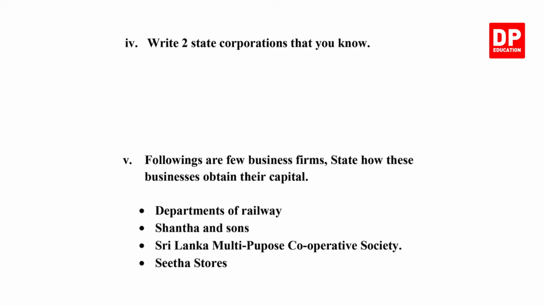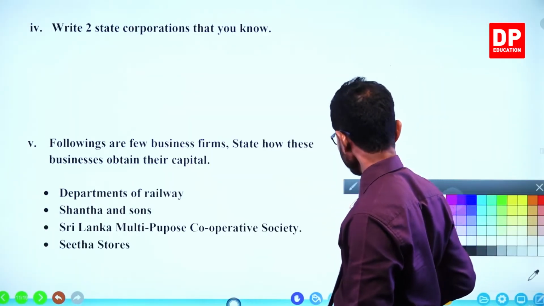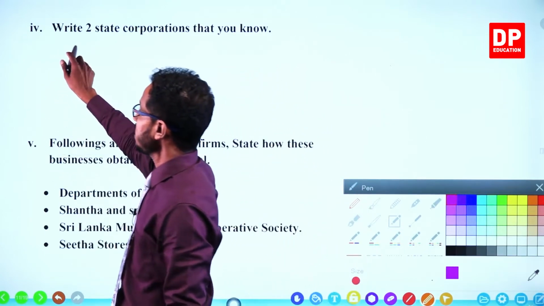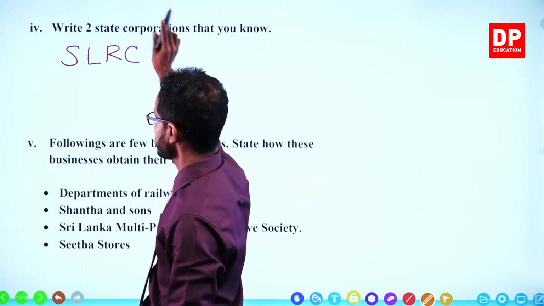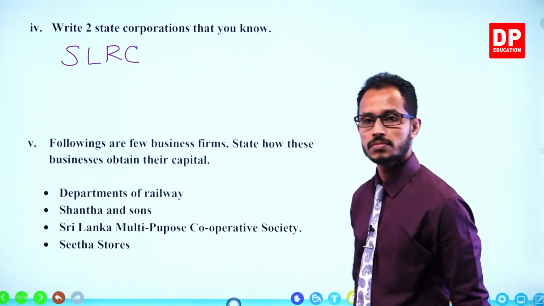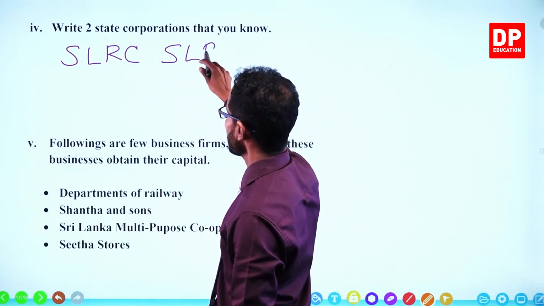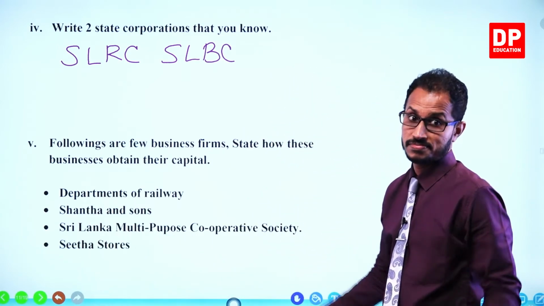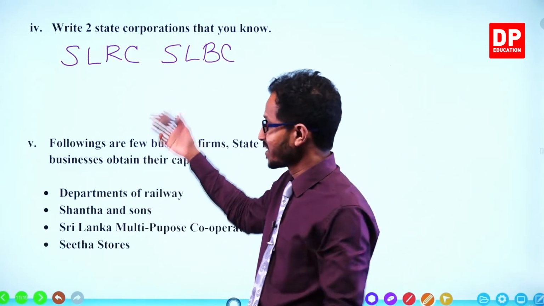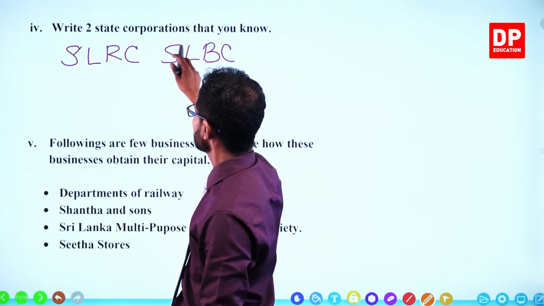Write state corporations that you know. Well, I know a list. State corporations. Sri Lanka Rupavahini Corporation. Sri Lanka Broadcasting Corporation. Yeah, you can use these abbreviations, the short terms.